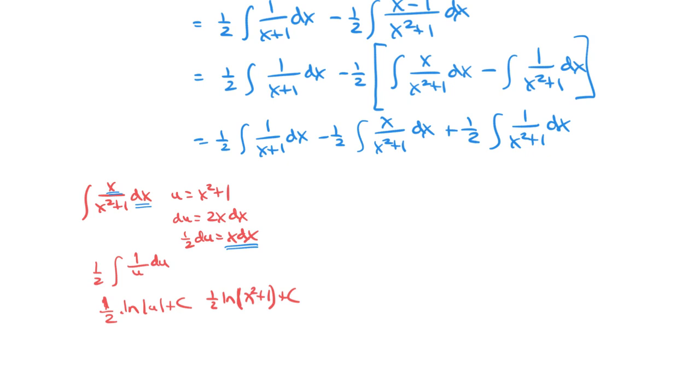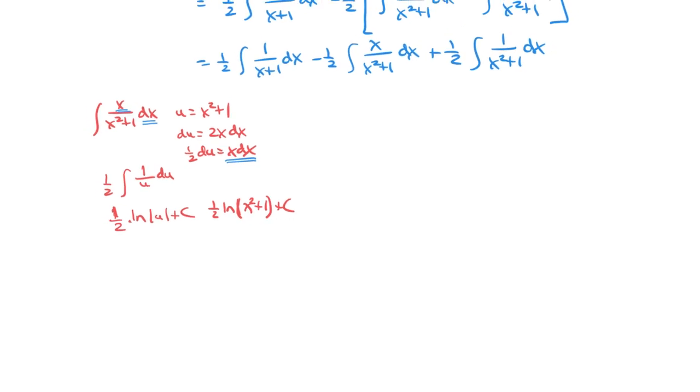Okay, but from here, we should be able to finish the problem. Let me make a little more room here. So our answer is 1/2 natural log of x plus 1, right? Because we knew this one because we've seen them like this before. Lead coefficient is 1 here. So if we do a u substitution, this is going to be 1 over u, right? So it's going to be the natural log of the absolute value. Okay.